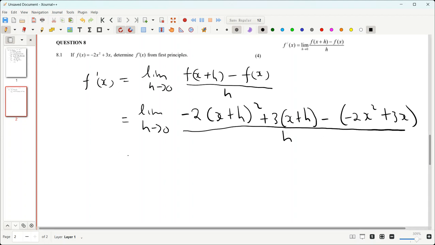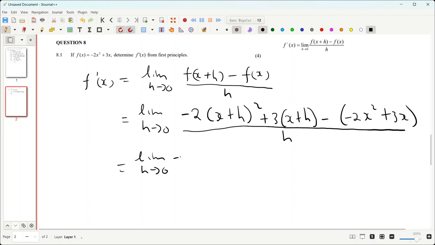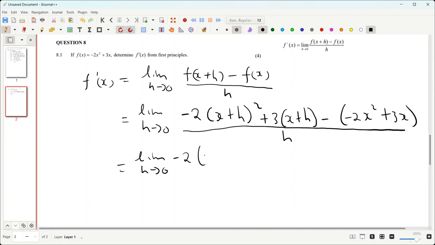Please don't forget to divide by h every time. So we have lim h tends to 0. If we expand this, we'll have x squared plus 2xh plus h squared, and then plus 3x plus 3h.